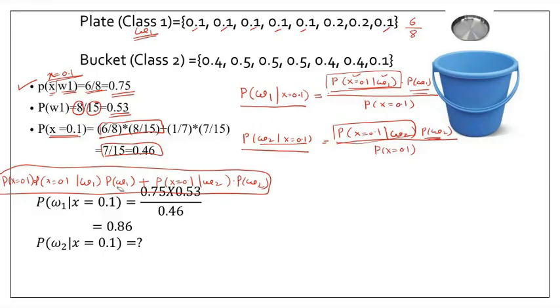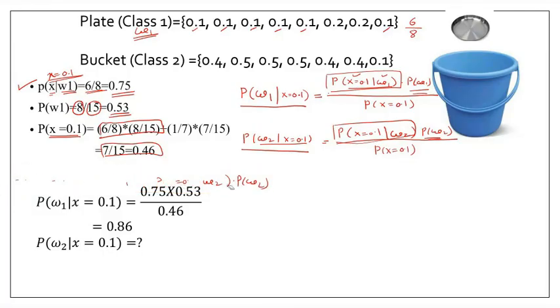Now everything is known to us. We can use Bayes to find out the probability of omega 1 given x is equal to 0.1. The first quantity here is 0.75, that is written here. Then the chance of omega 1 is 0.53, which is calculated here. Then the denominator is 0.46, which is calculated here. So in total, I know that it will be 0.86.